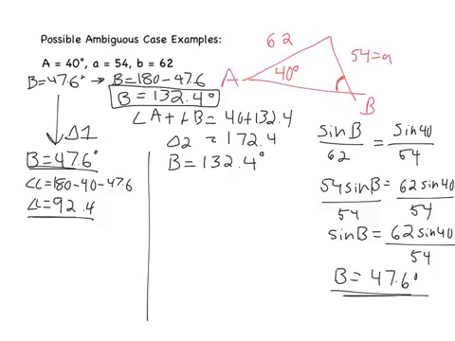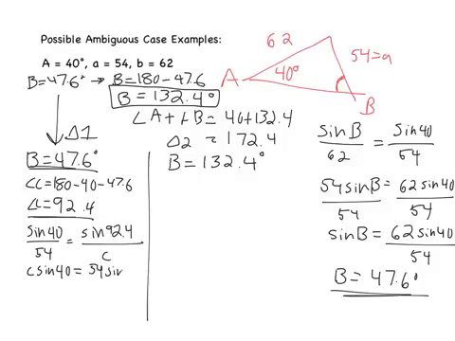I just need to figure out side C, which would be sine of 40 over 54. That has to equal the sine of 92.4, that angle I just found, divided by C. That's what I'm looking for. So I do my cross multiplying. C times the sine of 40 equals 54 sine of 92.4.